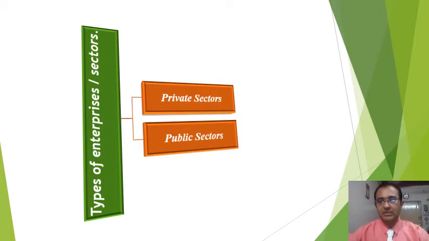When we are discussing the types of enterprises or the sectors, these are different from the private companies and the public companies. There is a huge difference between a private sector and a private company as well as a public sector and a public company.